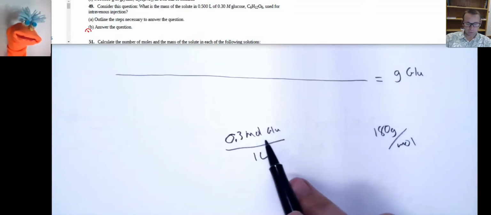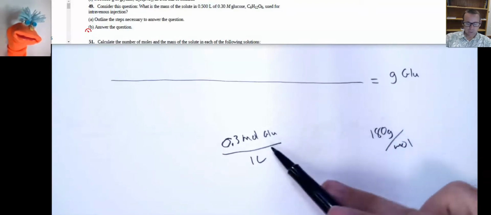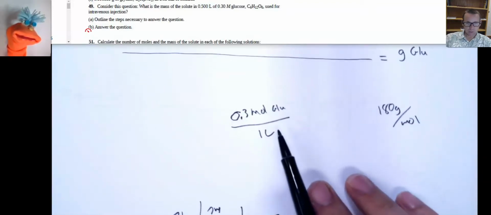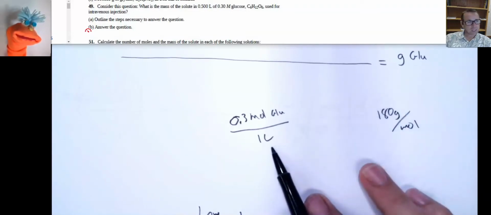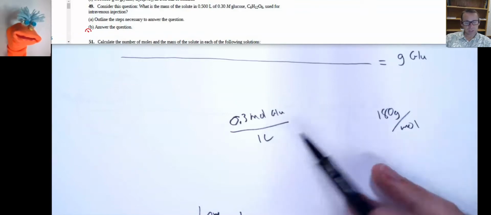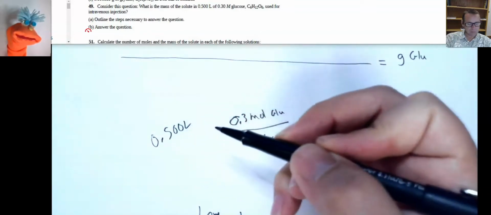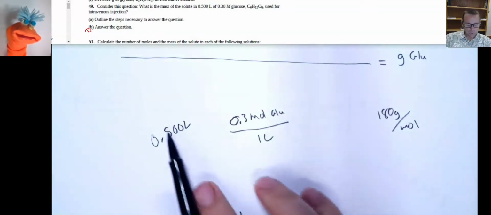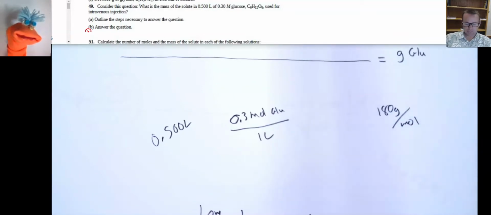So I have moles of glucose. I can use this to go to grams of glucose. So if I had moles of glucose, I could go to grams of glucose with this. I have liters of solution. That's how many moles there are per every liter of solution. And I'm told that I have 0.500 liters of solution. So liters can cancel out. I'll have moles, and then I can convert moles to grams.